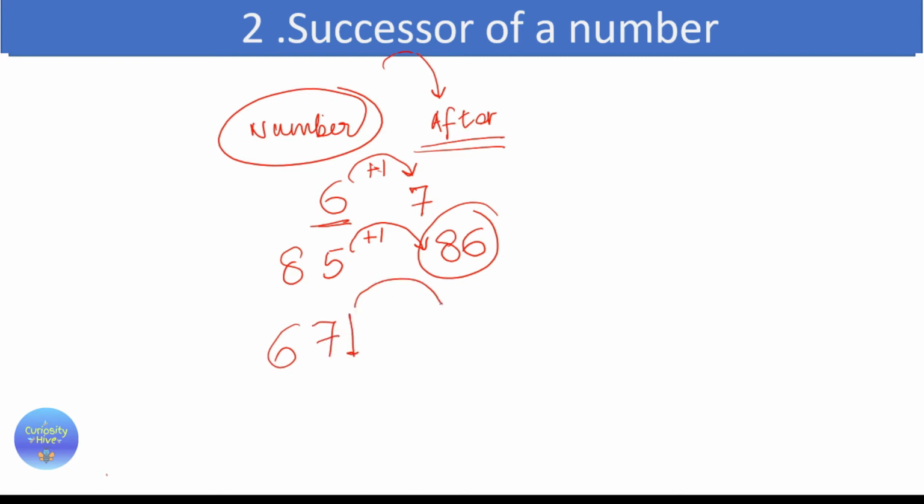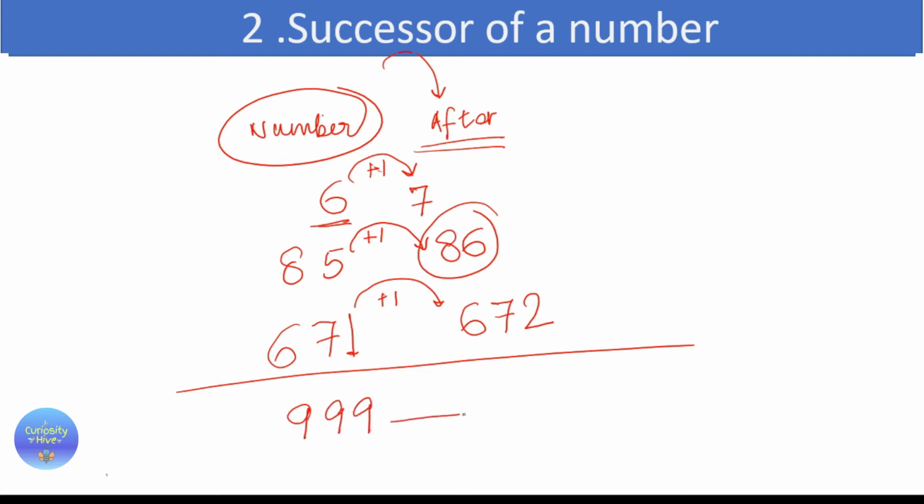Well, the number that comes after 671 will be 672 because that is 1 unit after 671. So this is what we mean by successor. So if you get a question, what is the successor of 999? Well, for this, you just need to add 1 to this number and then you will get the successor of this number, which will be 1000.